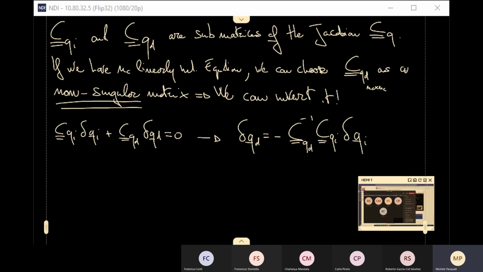We can call this CDI. It's a matrix. And therefore, we have a relationship between the dependent and the independent coordinates.